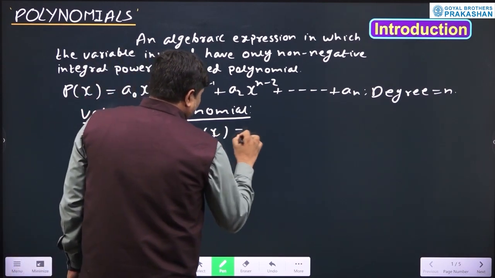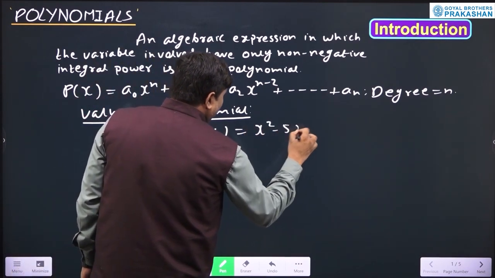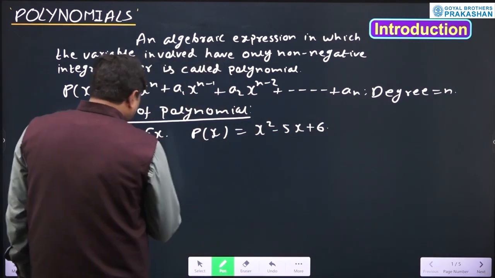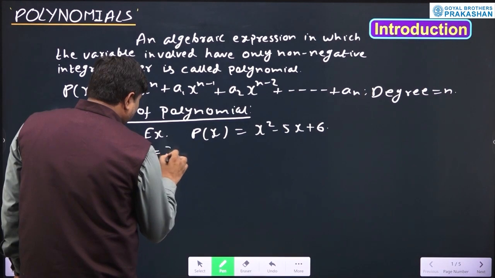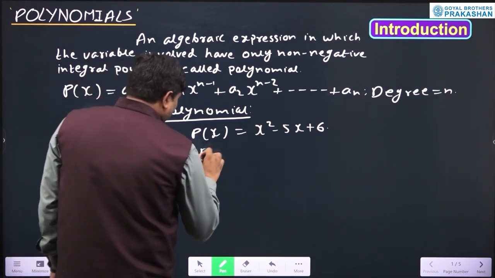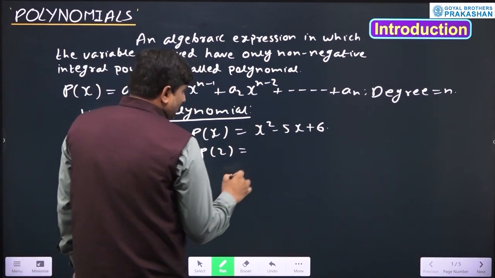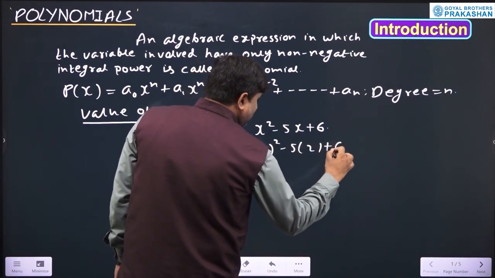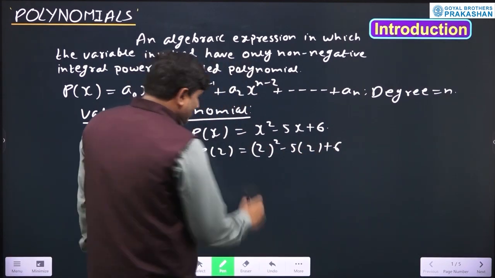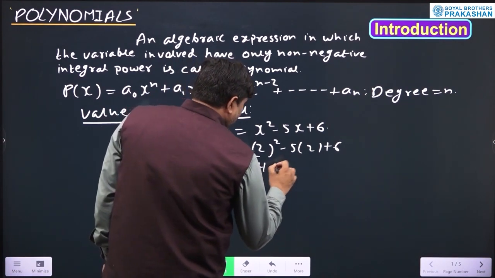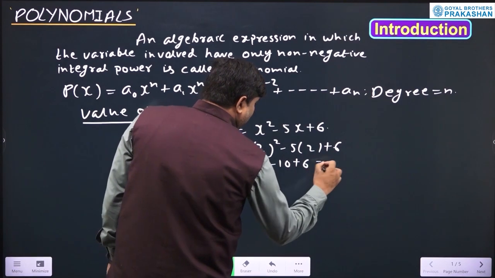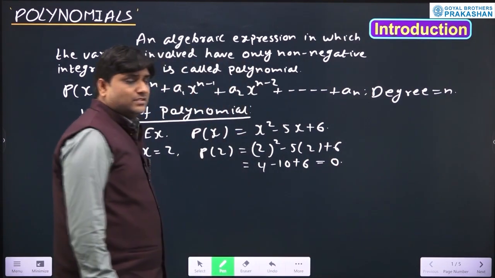Now if in any case we get the value of the polynomial as 0, for example P of x is equal to x square minus 5x plus 6, and in this case if I put x is equal to 2, then P of 2 will be 2 square minus 5 into 2 plus 6. So 2 square is 4, 5 into 2 is 10, so it is minus 10 plus 6. 6 plus 4 is 10, 10 minus 10 is 0.